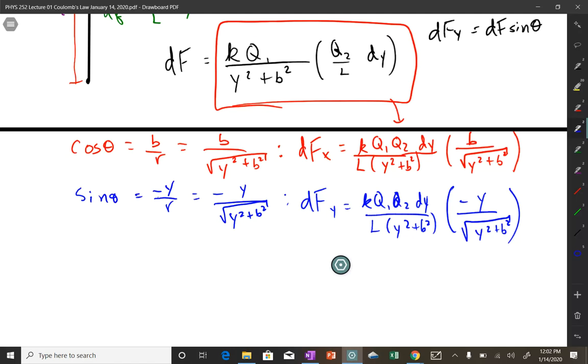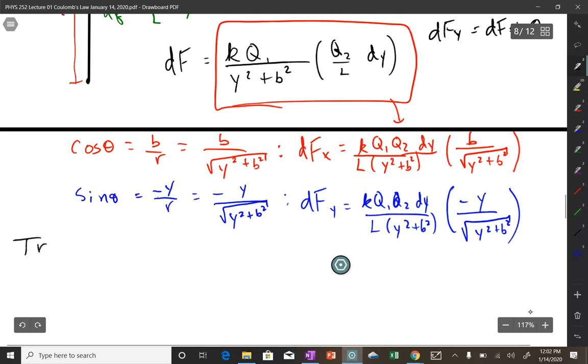So what we're going to do now is a trick. Change variable from y to theta.